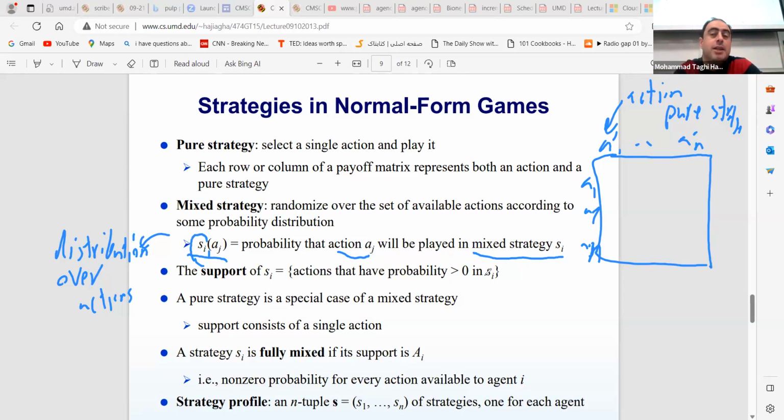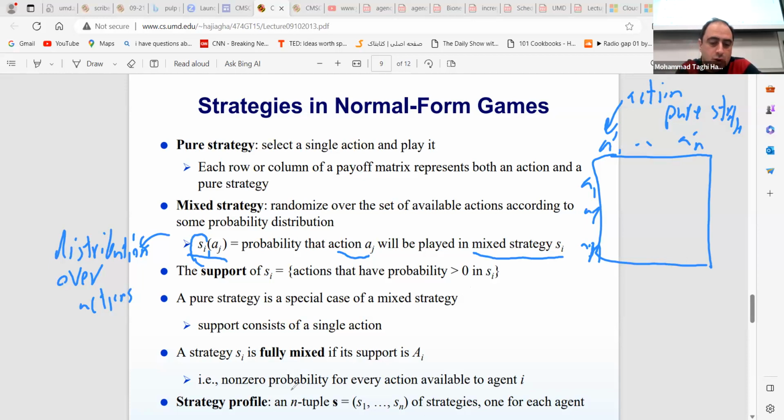A strategy would be fully mixed if it is the reverse, that the probability of all actions is greater than 0. So in that case, the support is the set of all possible actions. And as we discussed, the same thing goes for action profiles, the actions of each of them. Action profiles you can think of more like a pure strategy profile, where each person takes one action.